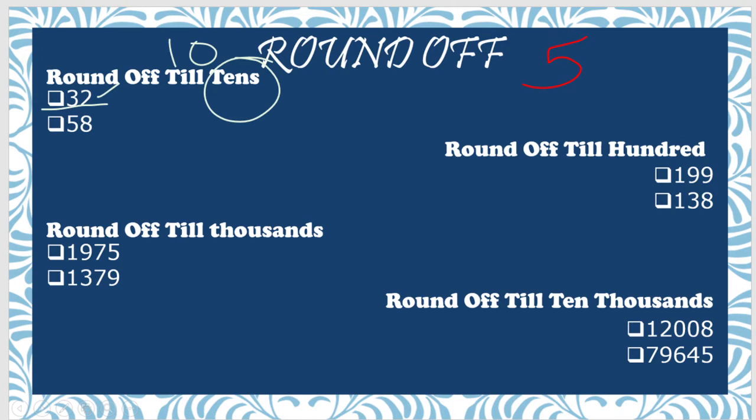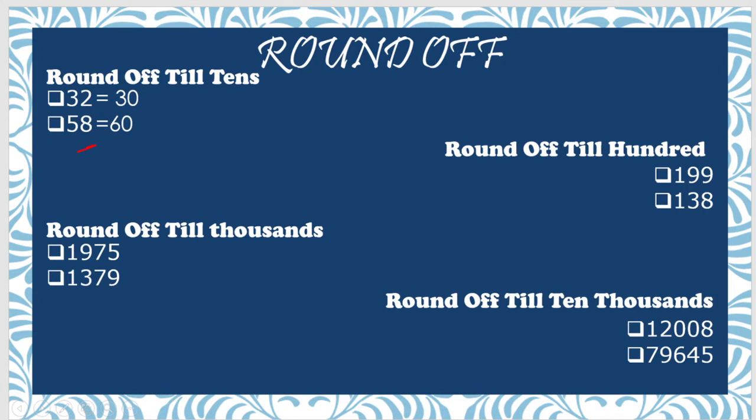So this 2 is smaller than 5, then the number will become 30. Now the second, again 10 is written over here. For the tens digit, you have to concentrate on 8, and it will become 16, because this number is greater than 5.